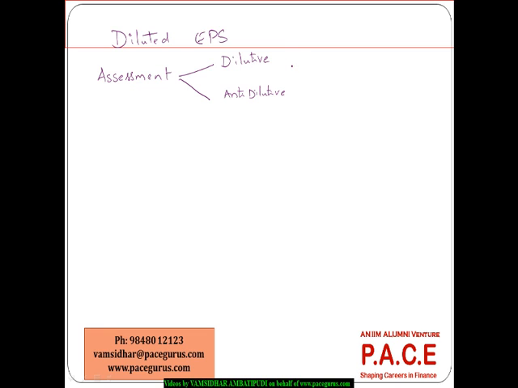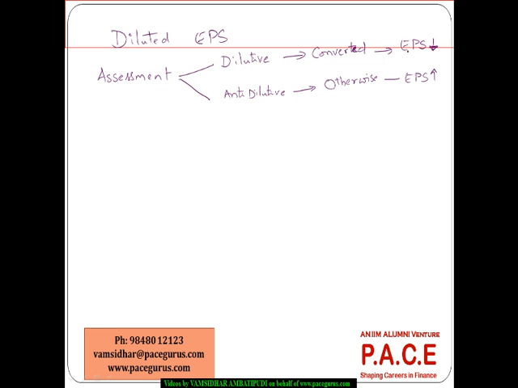What does that mean? If they are all converted into equity, and after conversion I see that the EPS is dropping, then I call those securities dilutive securities.